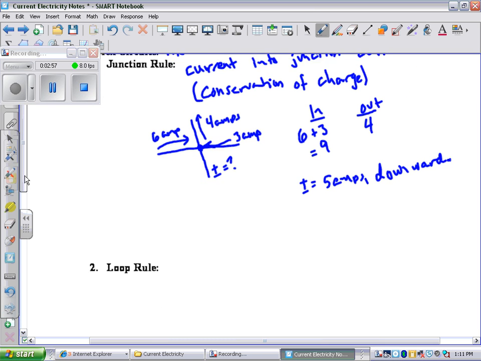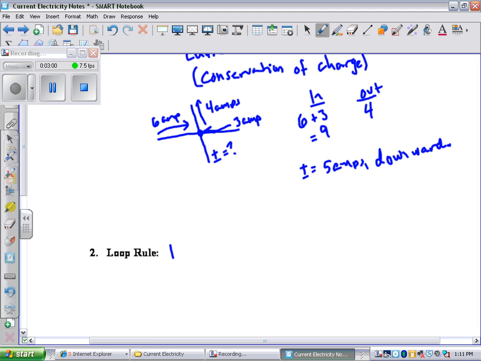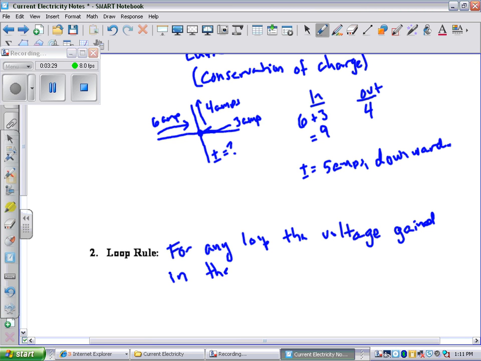The loop rule says that for any loop, the voltage gained in the battery is lost when I go through the resistors.